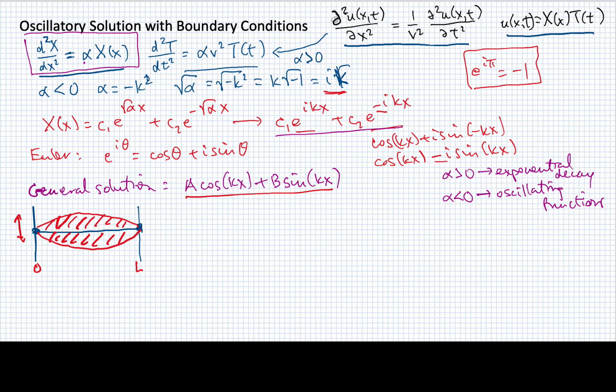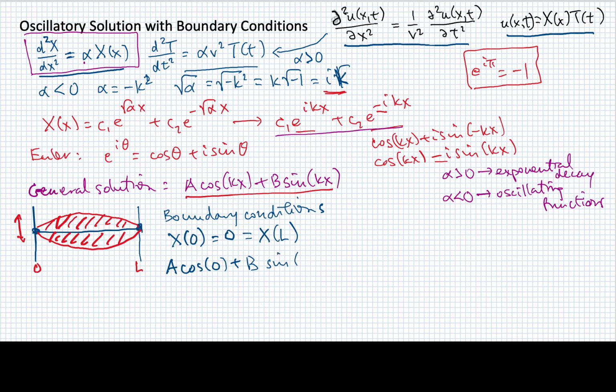So what we want to do now is apply the boundary conditions to narrow down our solutions for this particular problem. Okay, so in this case, our boundary condition is that X at point 0 is 0, and that's also X at point L. When I plug in little x equals 0, I'm going to have a cosine of 0 plus b sine of 0.